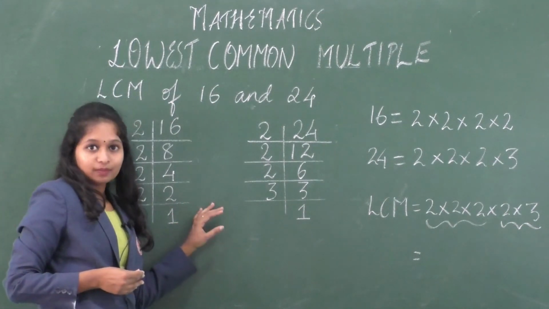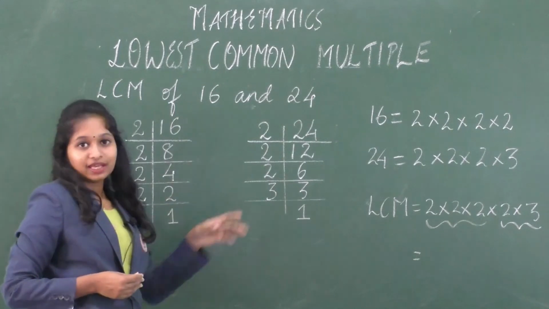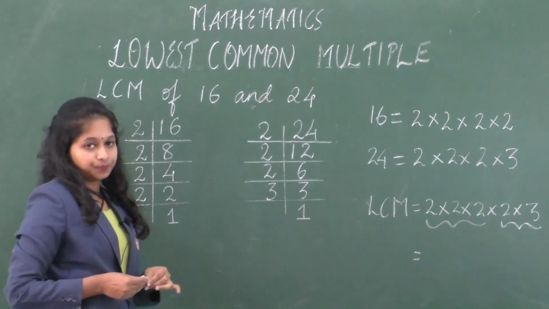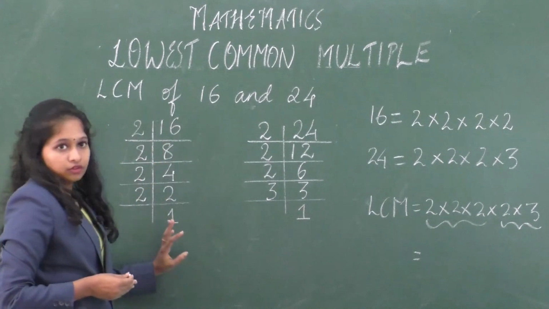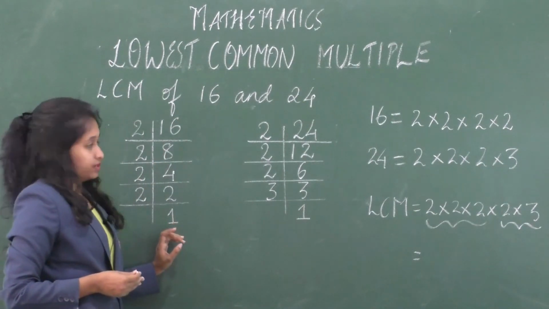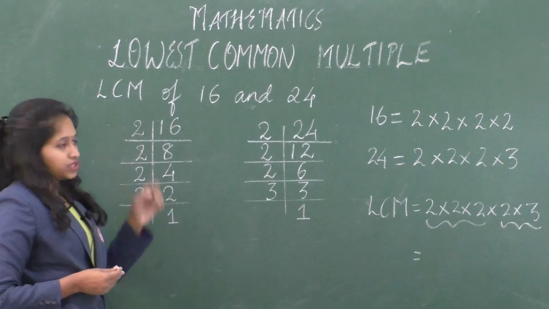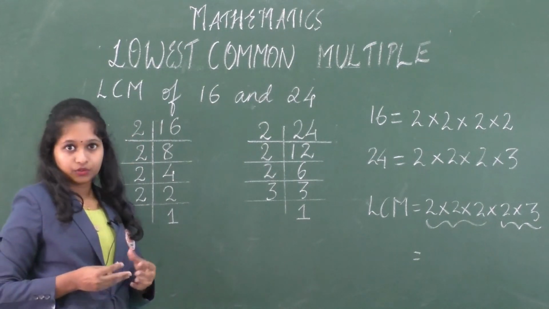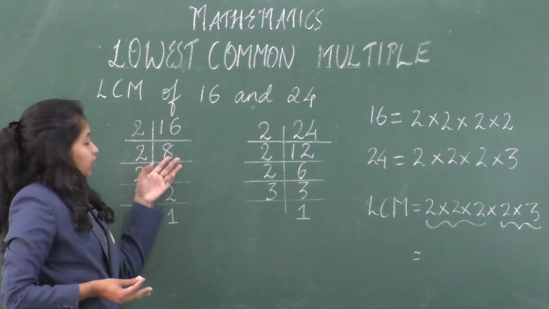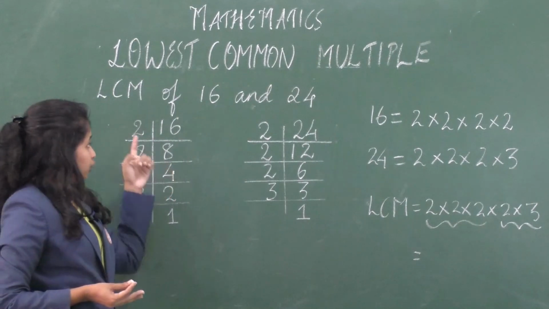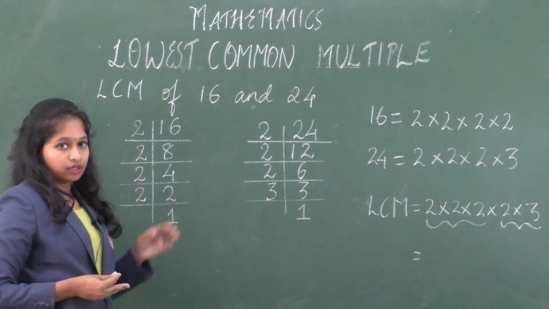Here I have an example of 16 and 24. Now factorize 16 first. By which number is 16 divisible? 2. How many times? 8 times. 8 2s are 16.